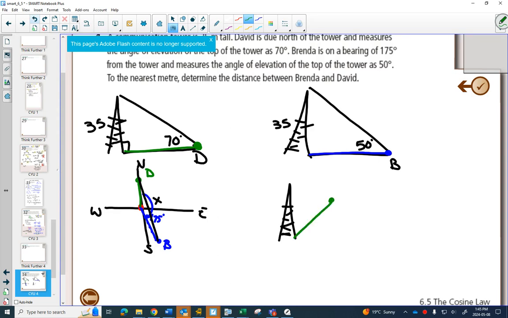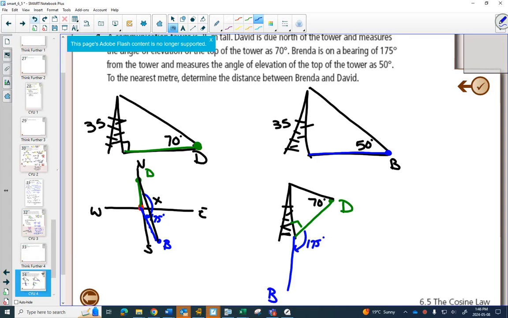Straight north of that tower, and I'm doing it on an angle because this is 3-dimensional. Here's David. This is a 90 degree, even though it doesn't look like a 90 degree anymore because we're dealing in 3 dimensions. And he measured the top of the tower here at 70 degrees. At a bearing of 175 degrees, so from the tower over, that's not blue. 175-degree difference in between them.